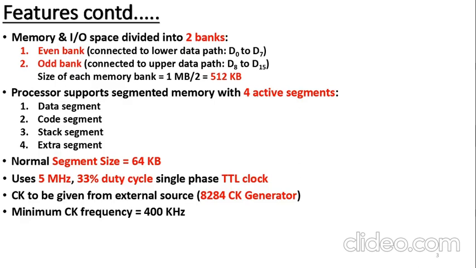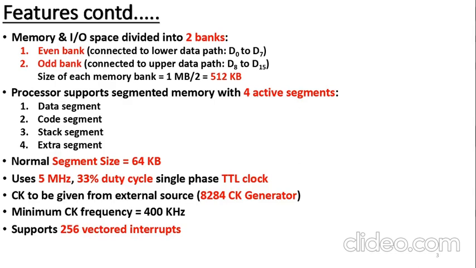Of course, in case of the 8086 processor, there are other frequency versions as well. 5 megahertz is the commonly available frequency version. Other frequency versions are 8 megahertz and 10 megahertz.